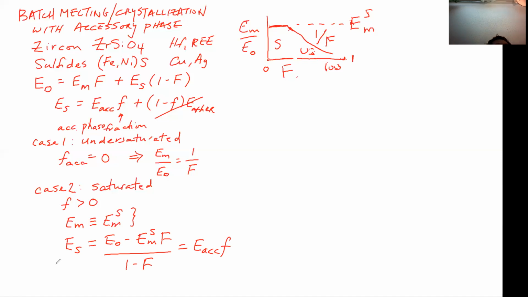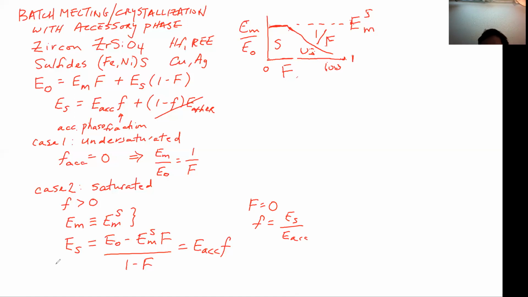And we can consider the case when F equals 0, which is no melt present, this is completely solid, then little f, the amount of the accessory phase, would be E0 over ES.